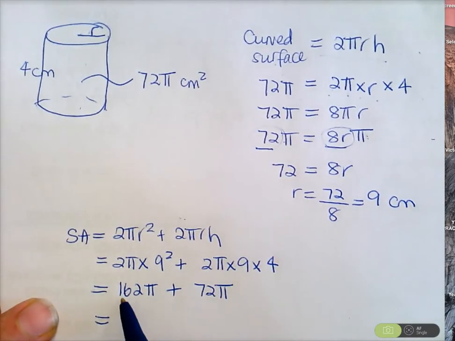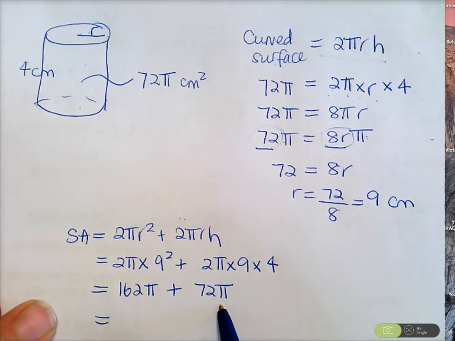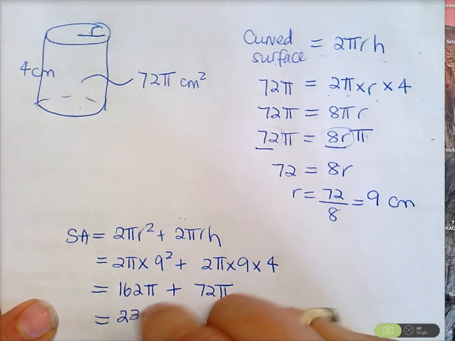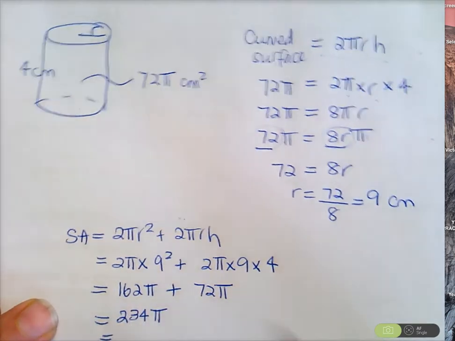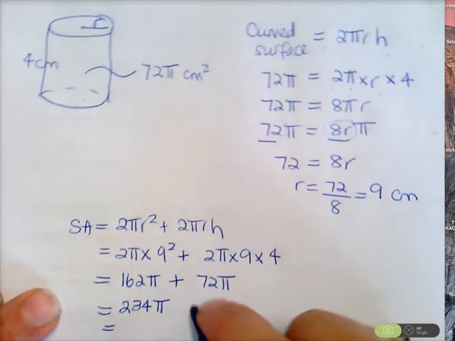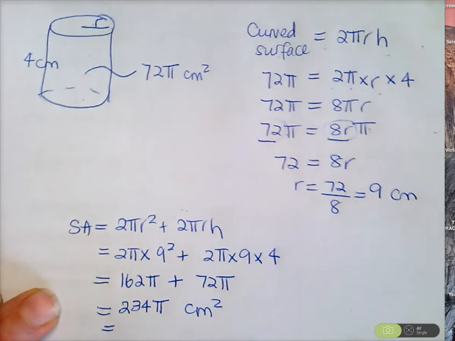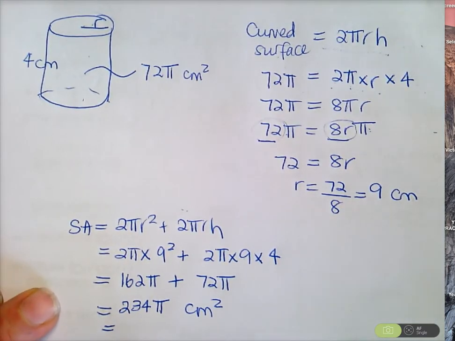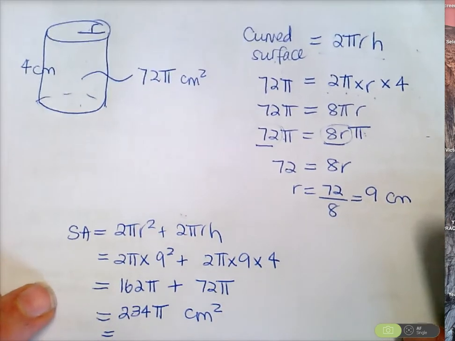So 162 and 72. And then you can work it out. That's exact, then you can work it out. Oh, it says to put it in terms of pi. All right, in terms of pi, there we go, we're done.